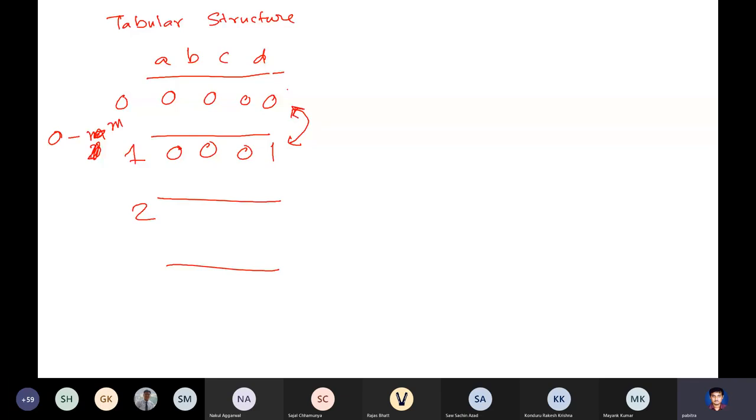If they can be combined, in the sense that they differ in only one position, you combine them by dropping the differing attribute. For example, with 0, 0, 1, 1 or 1, 0, 0, 1 and 1, 0, 0, 0, this and this can be compared because they differ in only one position.